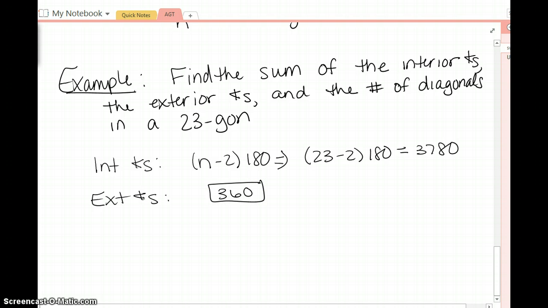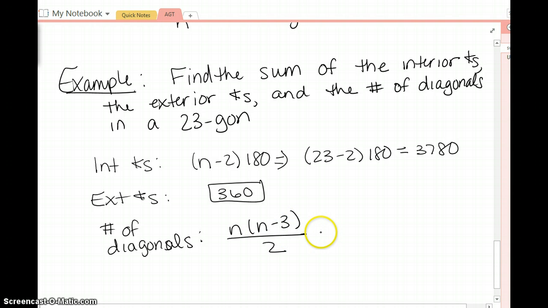And then if I want to know the number of diagonals for a 23-gon, that would be n times n minus 3 over 2. And so then that would be 23 times 23 minus 3 over 2.